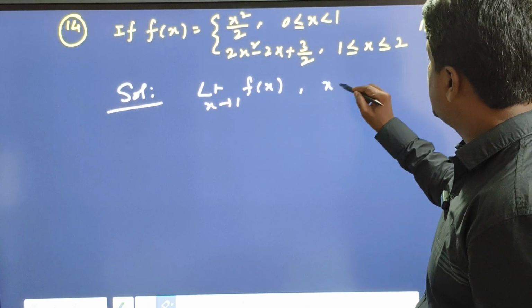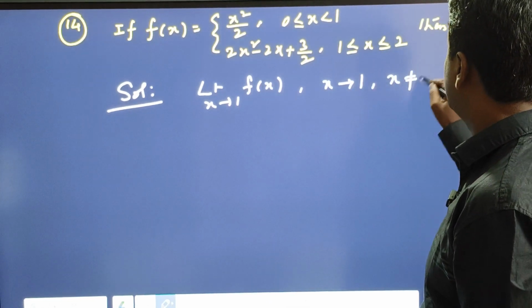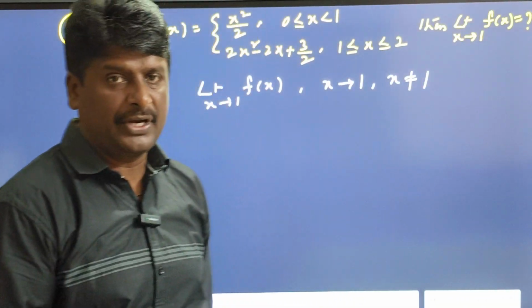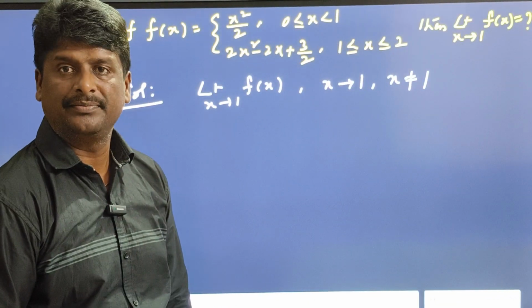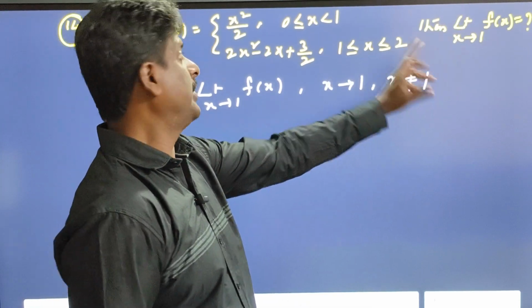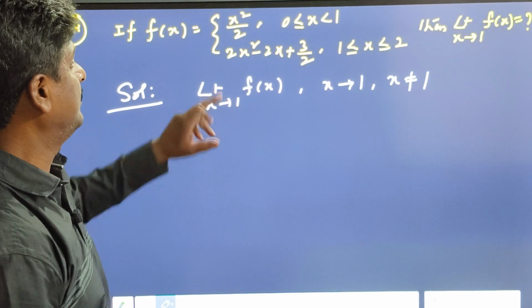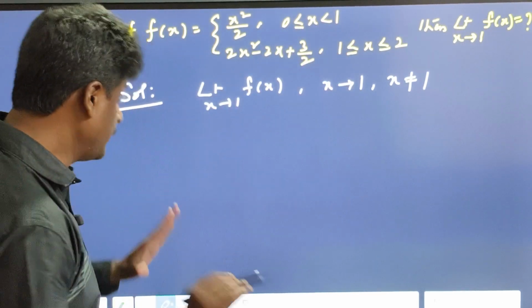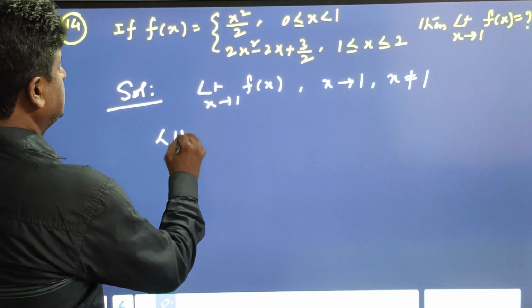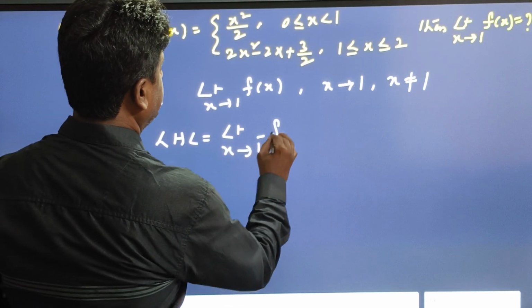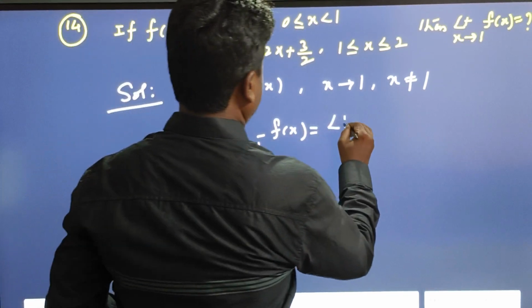Because x tends to 1 stands for x not equal to 1, which means x may be greater than 1 or x may be less than 1. There are two cases given: x less than 1 case, x greater than 1 case. That's why we need to discuss in two cases, left hand limit and right hand limit.